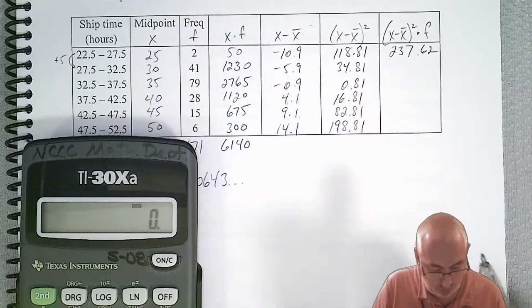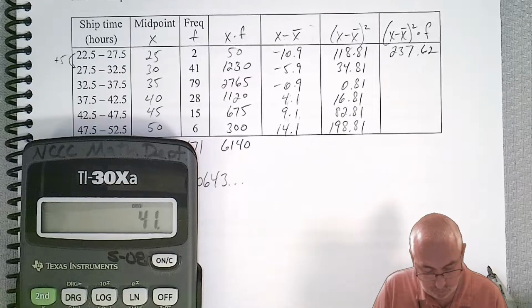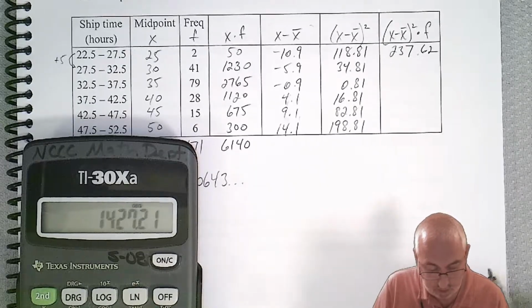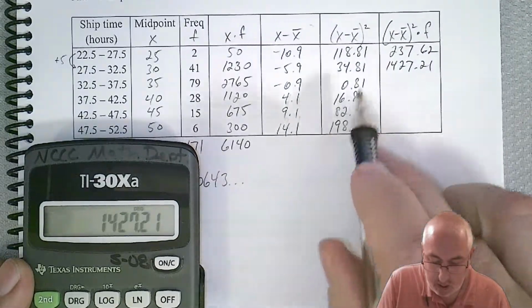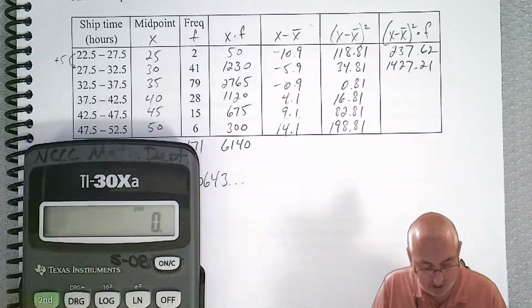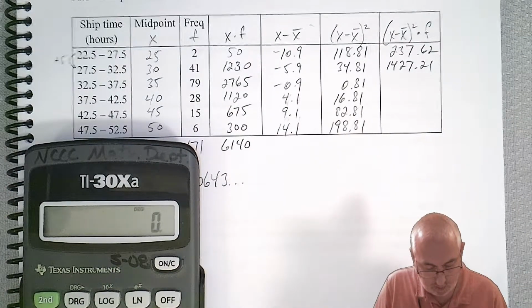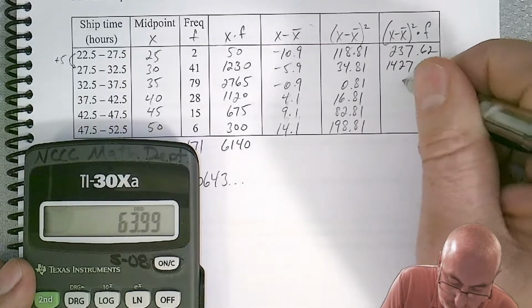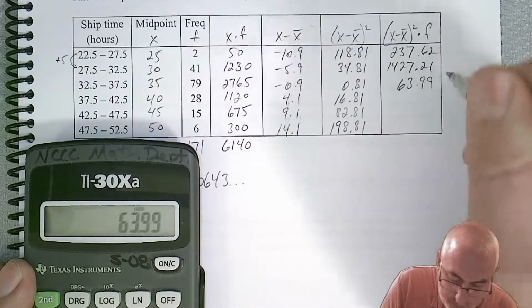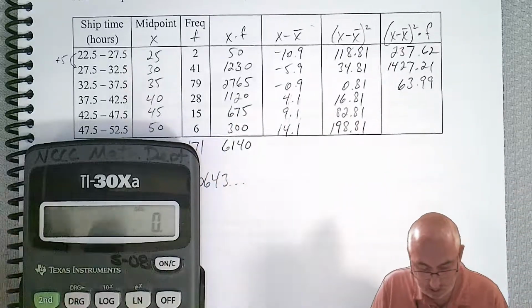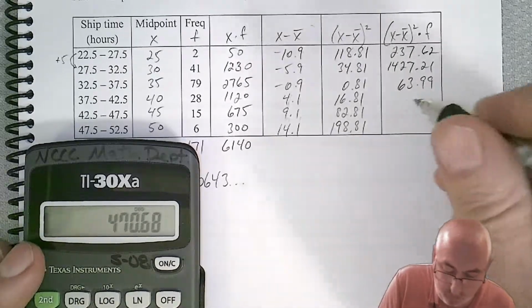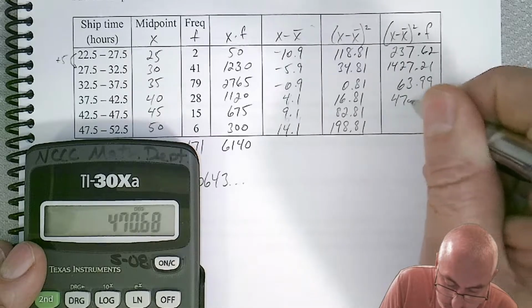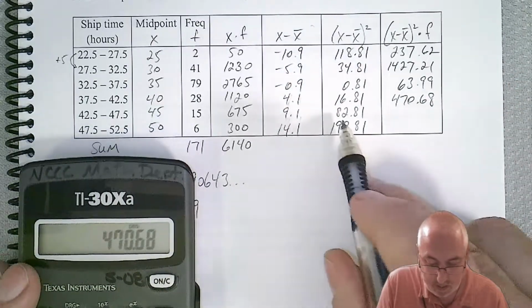41 and 34.81. 1,427.21. 0.81 times 79, 63.99. Okay, 28 and 1681. 470.68.